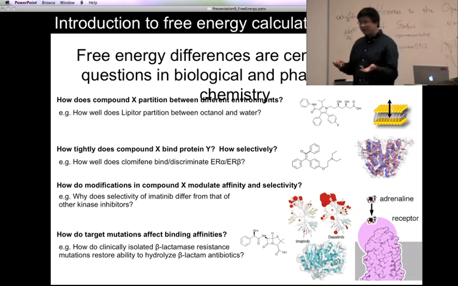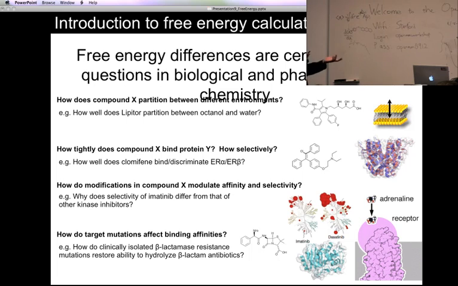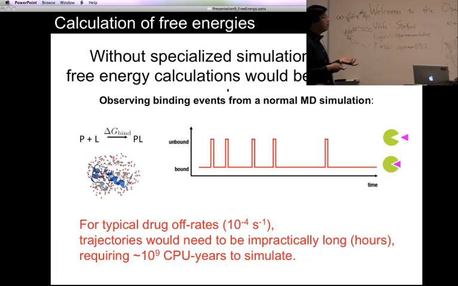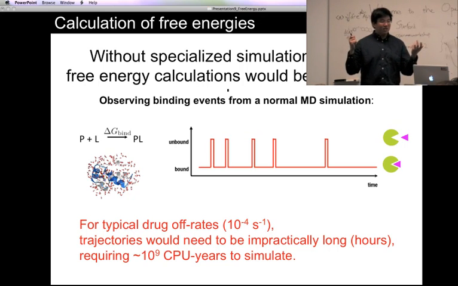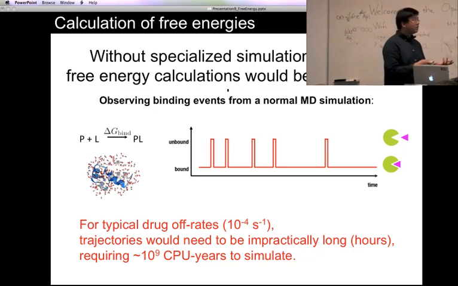How do you calculate, say, a binding free energy of a ligand to a protein? One way to do this is to actually run a really, really long simulation and observe the probability of the ligand being bound to the probability of the ligand being unbound.